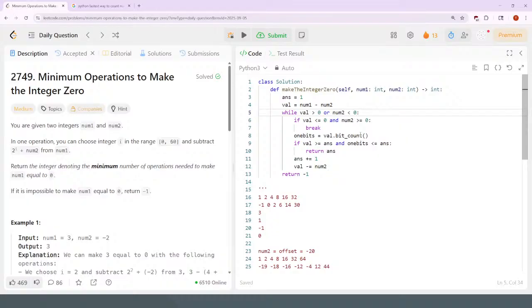So while the value is positive, or num2 less than 0, why does that work? The negation of this is when you continue the loop. So if not this, negation, you distribute the negative, so negation of value less than or equal to 0 is value greater than 0.